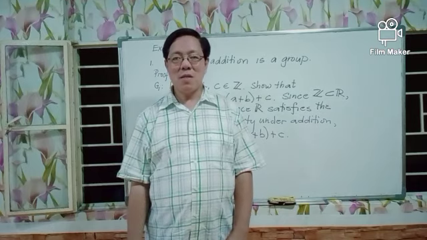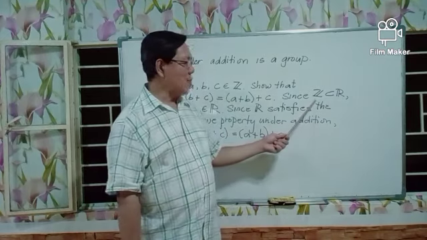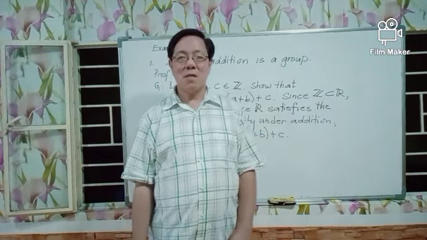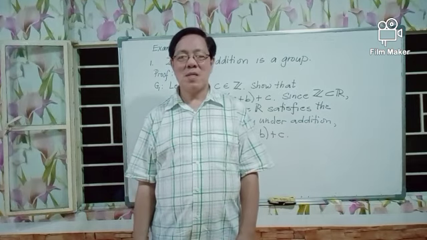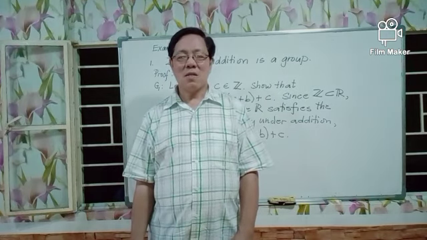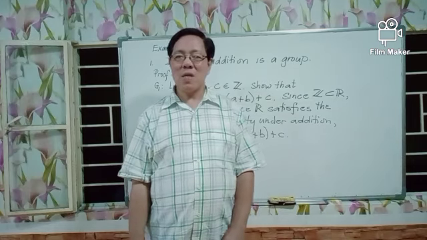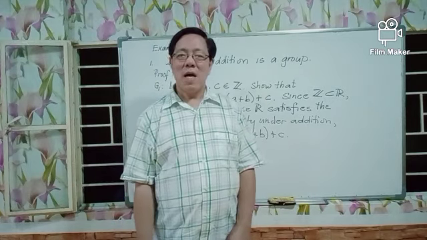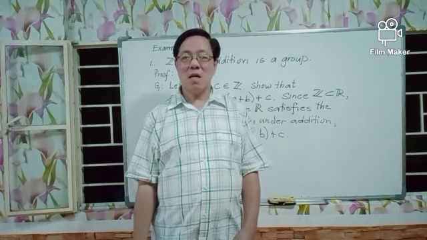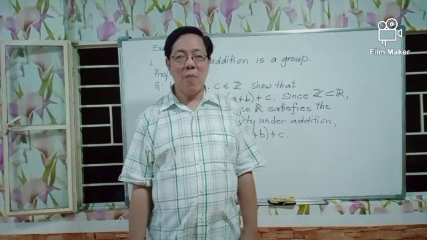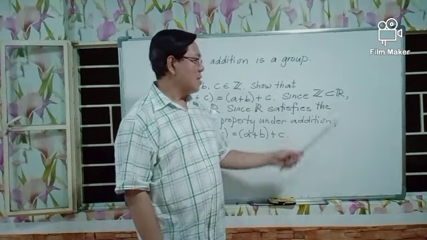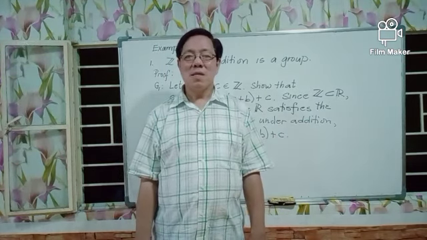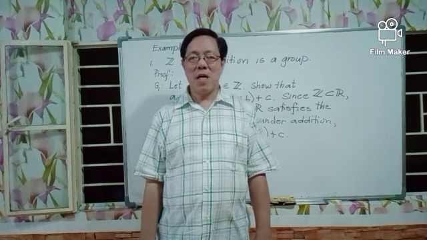And if you add 0 to any other element of the set Z of integers, the sum would be any other element of set Z. Because any other element of the set Z of integers is also an element of R. And 0 has the property that if you add it to any other real number element of set R, the sum would be any other real number.